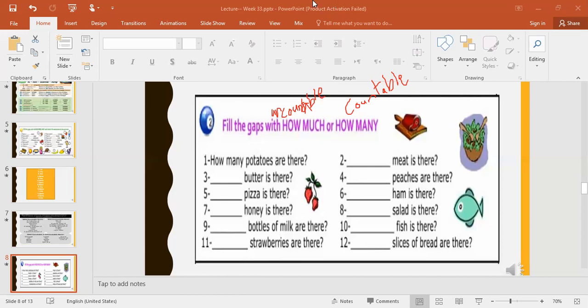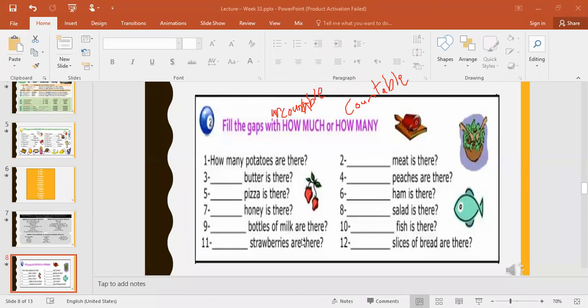Didn't we say that uncountable nouns always take only a singular verb? Didn't we say so? Strawberries are there.